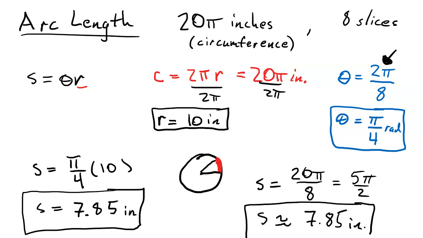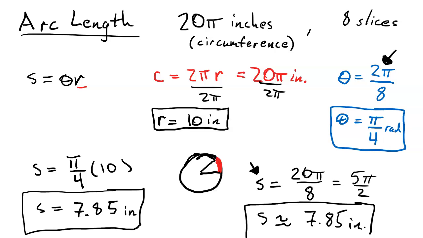And similarly, your S, your arc length, is also just a piece of this full crust, which is the circumference. So this was all about seeing that both of these measurements are just pieces of some whole, that in theta's case you can get for every pizza, but in the arc length case you can only get when you're given the circumference.